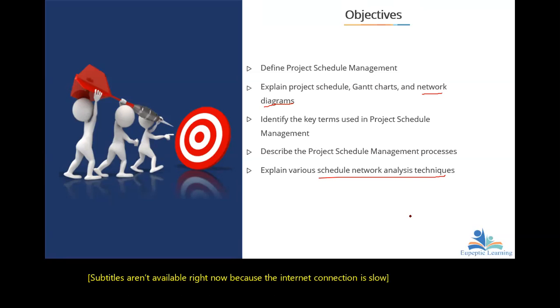If you come across a very simple network, fortunately for me, I didn't come across any complex schedule network. It was just smooth. And even that, I was supposed to just calculate the critical path. But of course, it is one mark.